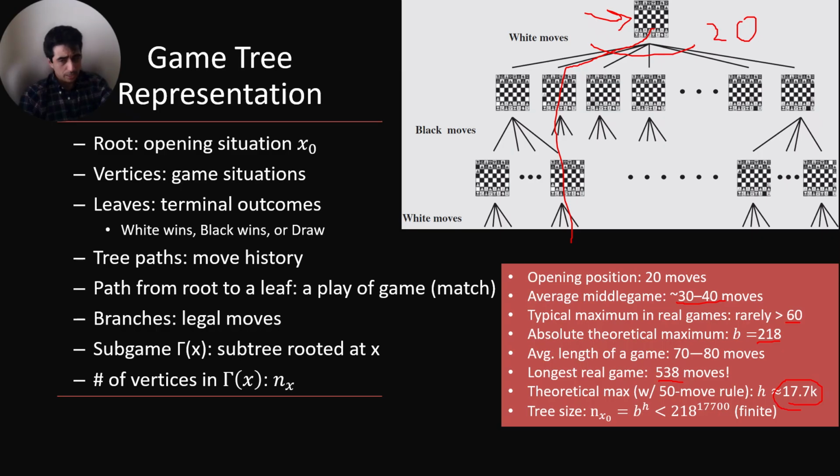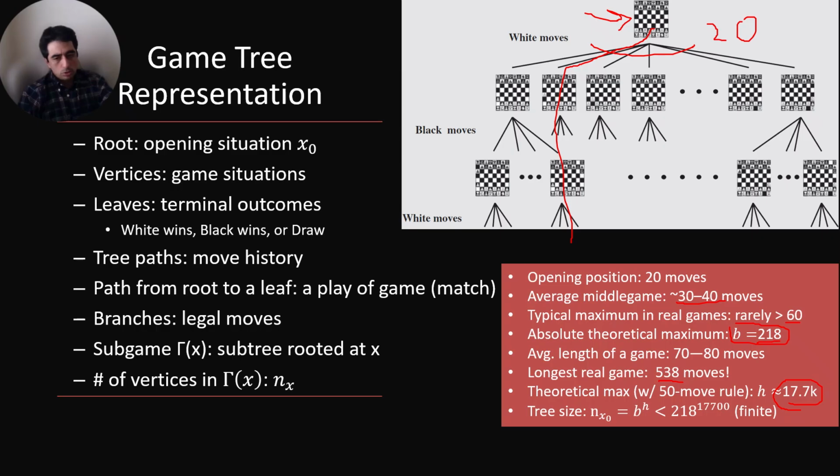That basically means the height of this tree would be around 18,000, which is a super long tree. And the branching factor b is limited to 218 in a theoretical fashion.